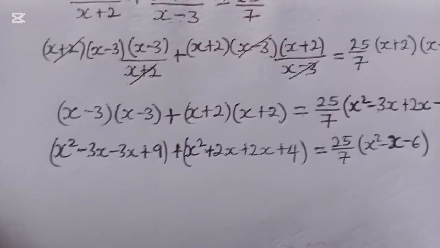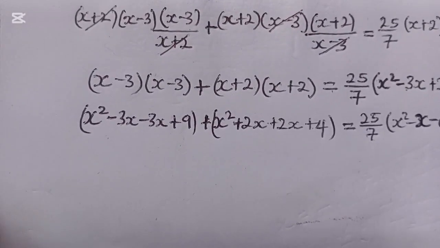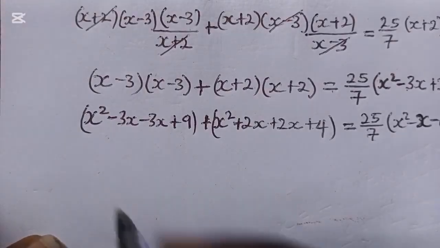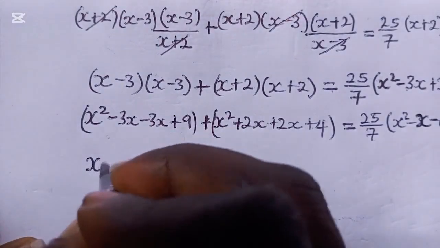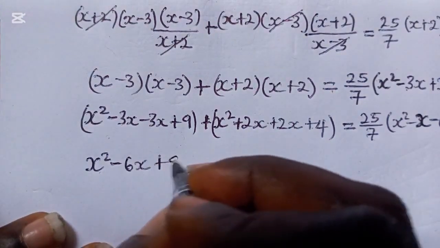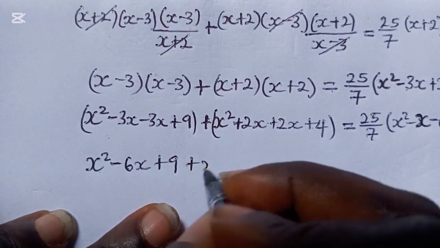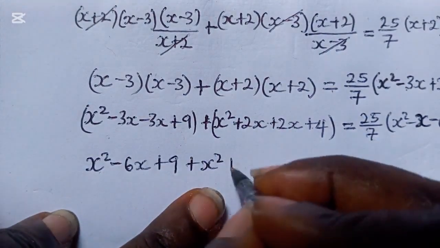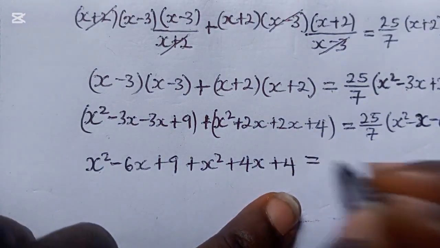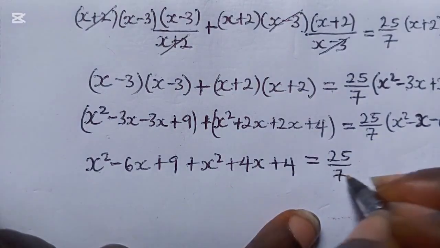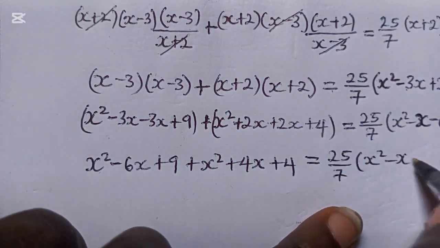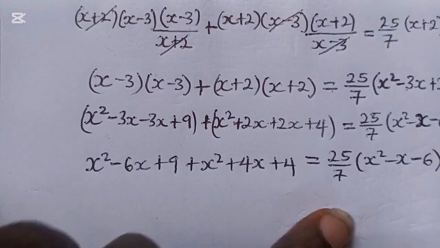Okay, so that's that. We move to the next steps. So here we are now going to have x square minus 6x plus 9. Then we have plus x square plus 4x plus 4 equals to 25 over 7 into x square minus x minus 6.